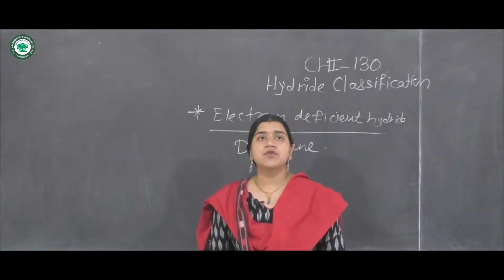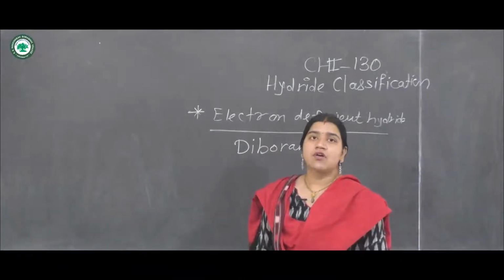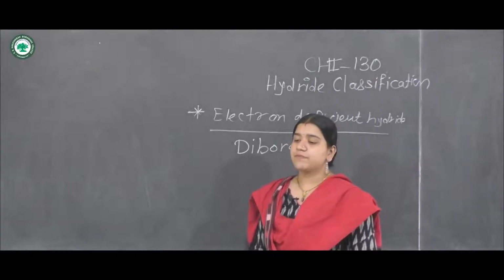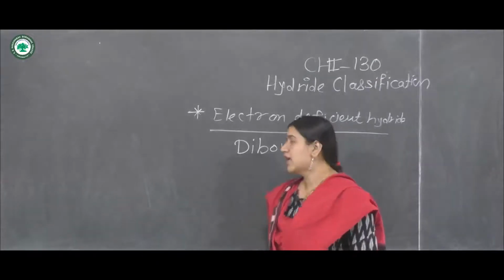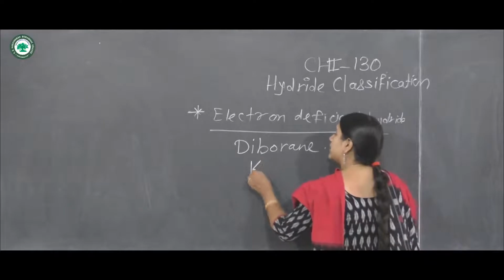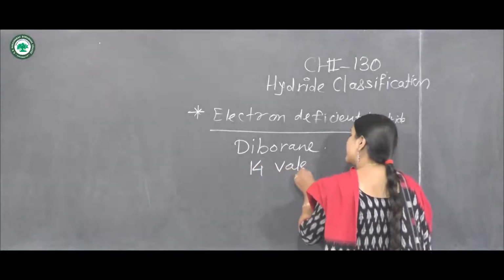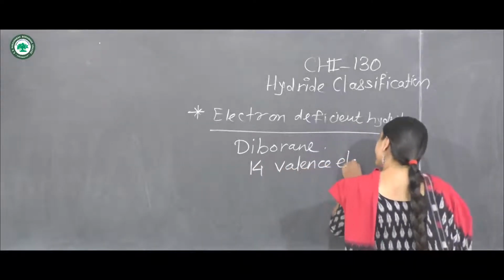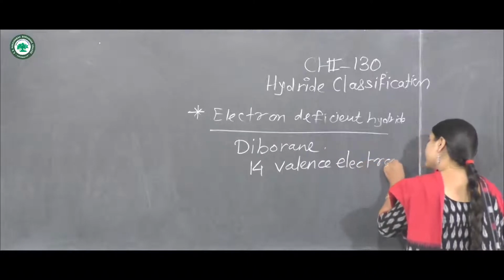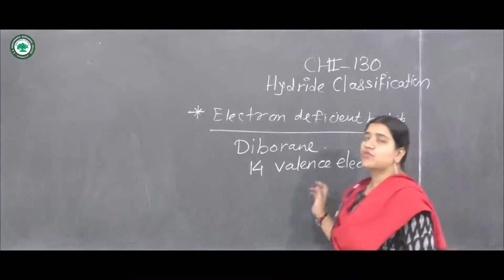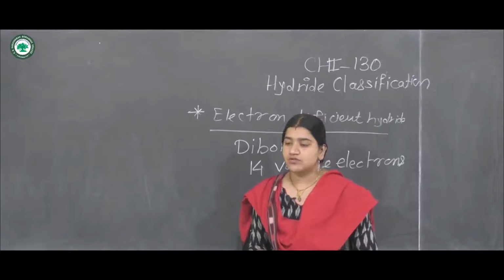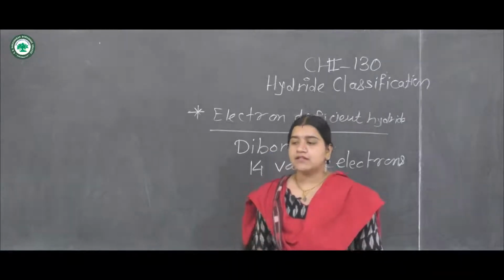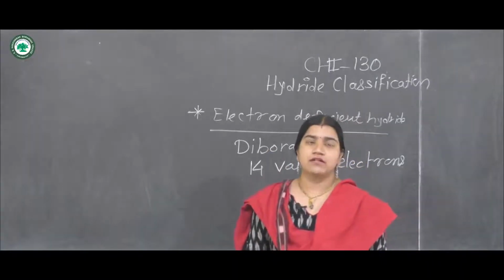If you see the Lewis structure of diborane, that is B2H6, then actually 14 valence electrons should be there to bind the 8 atoms together.